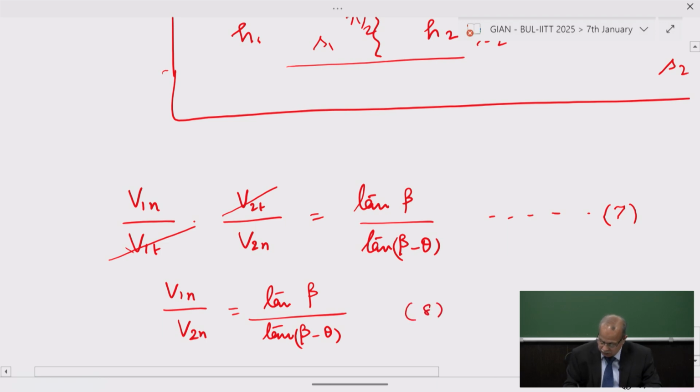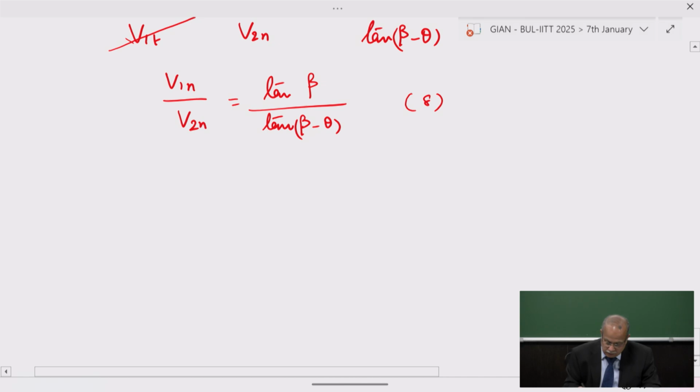This is equation 8. Now if I multiply and divide this equation with C star, what do I get?